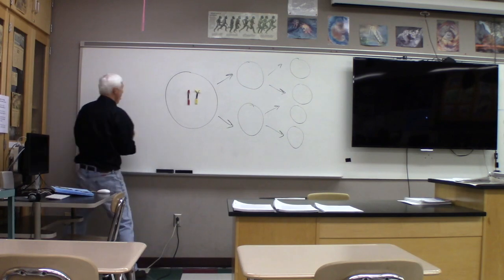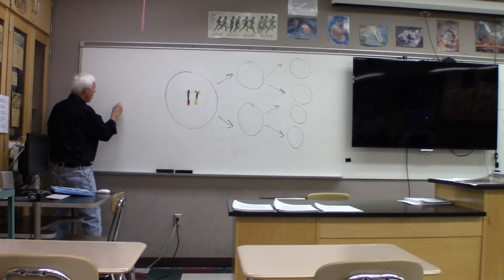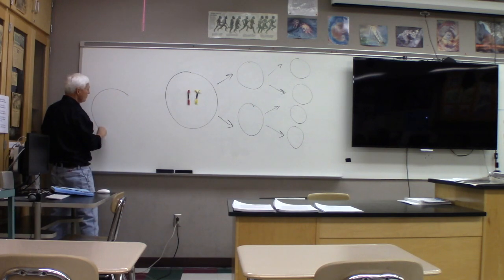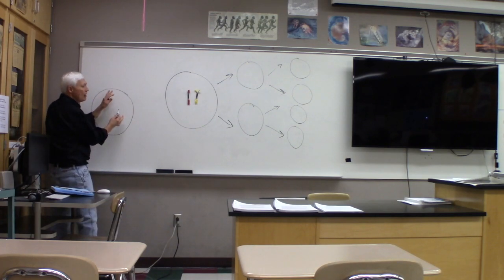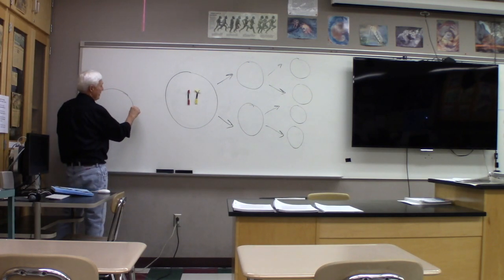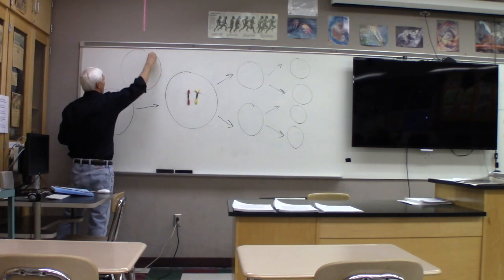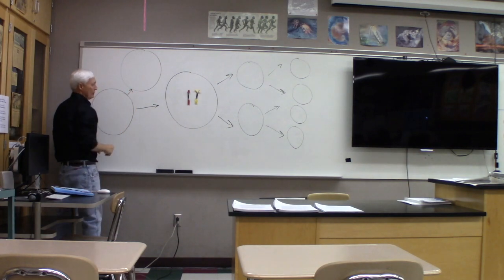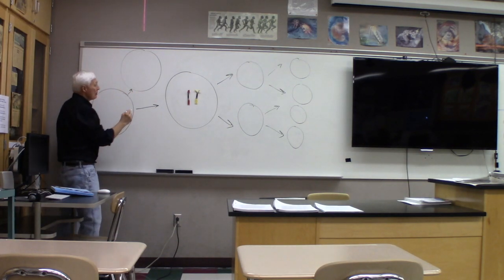So, draw another cell right here, like that. And we're going to have this cell do mitosis to make this cell and another cell just like it. Okay, so I'm going to label this right here.